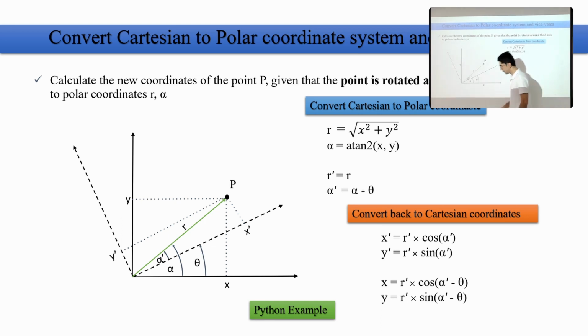What does it mean? It means that the amount of rotation can be subtracted from the alpha. If you look here, the alpha that we calculated over there, and alpha prime, this one, is subtracted by theta. That is how we can simply rotate the point on the coordinate system of the polar system.